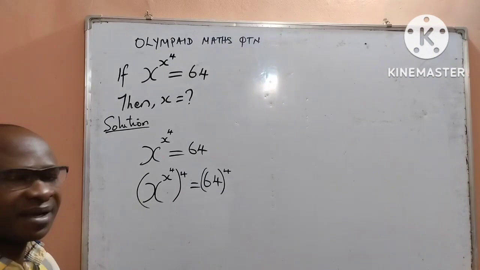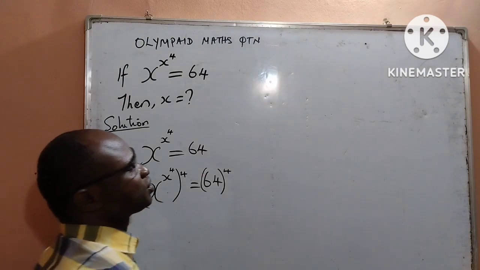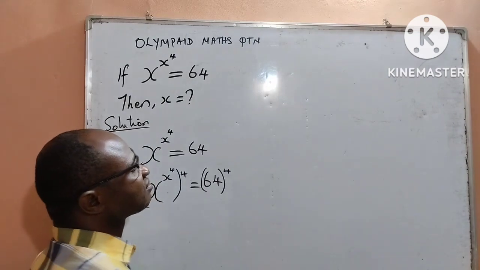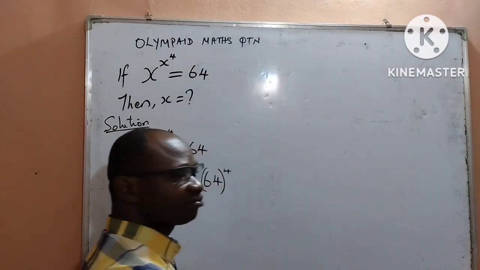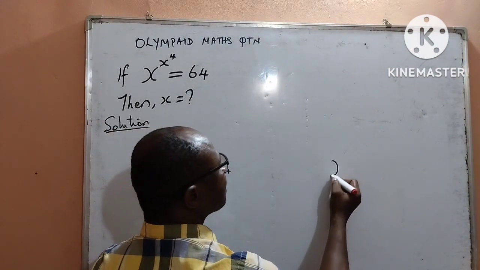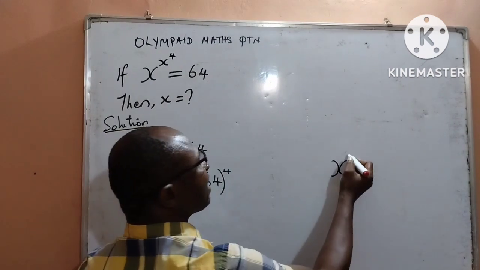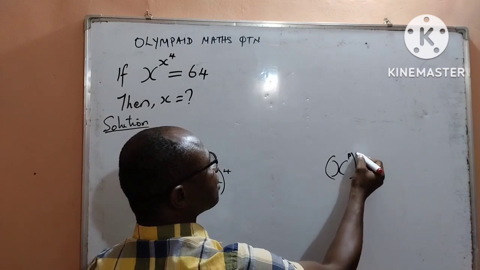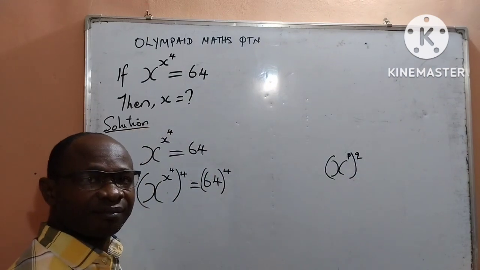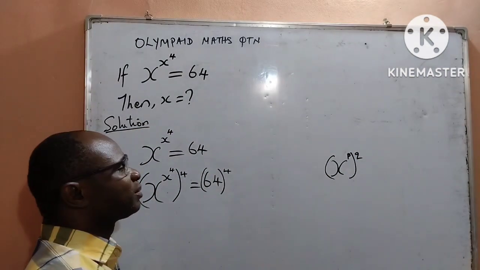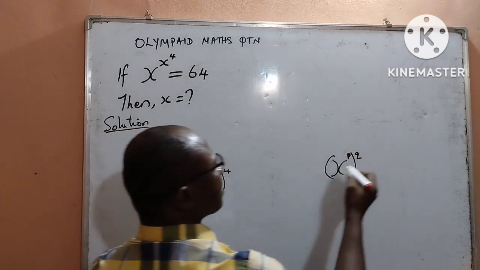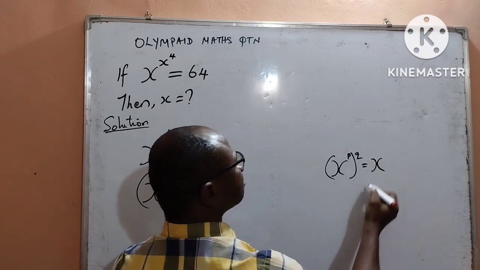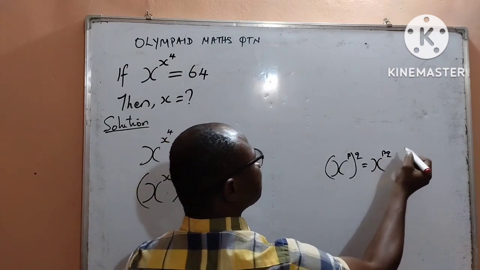Now, looking at this, look at this rule, the product law of indices. If you are given x to the power p, all to the power q, we apply the product law, and this is equal to x to the power pq.